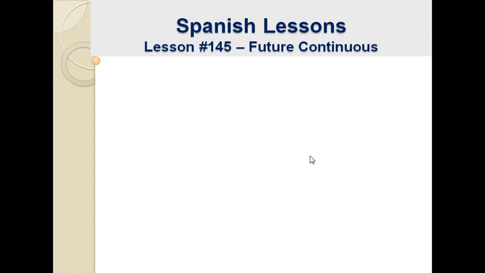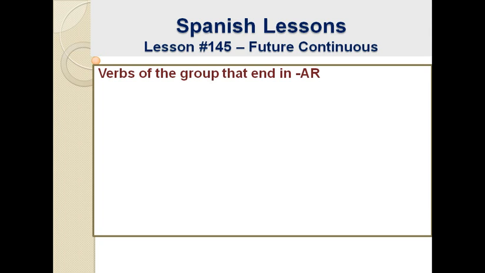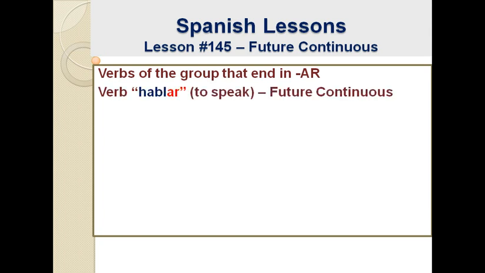So let's begin with the first group of verbs, that is the biggest of the three groups and the one that has fewer irregular verbs, okay? And we will choose the verb hablar as a typical regular verb of this classification, okay? Hablar means to speak. So, as an example, we say, yo estaré hablando.